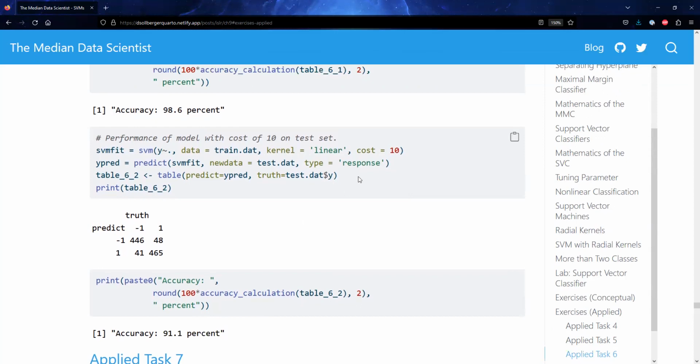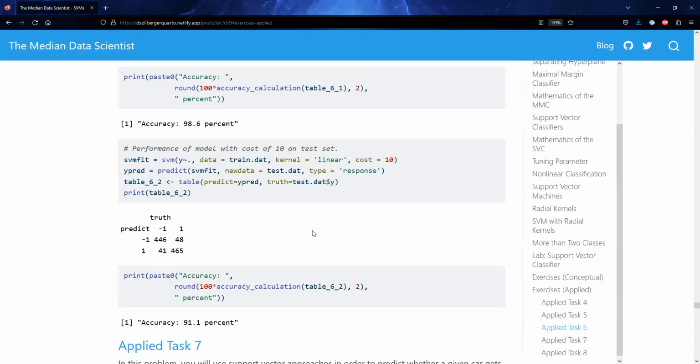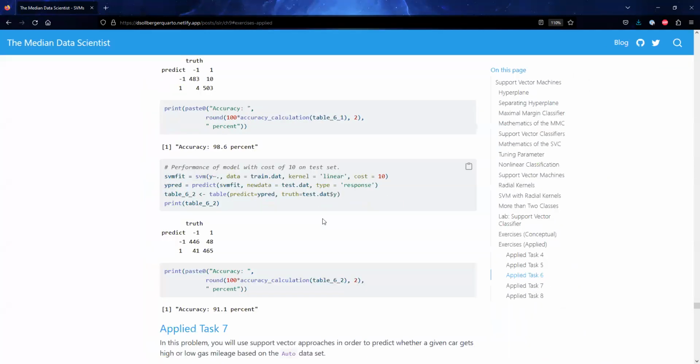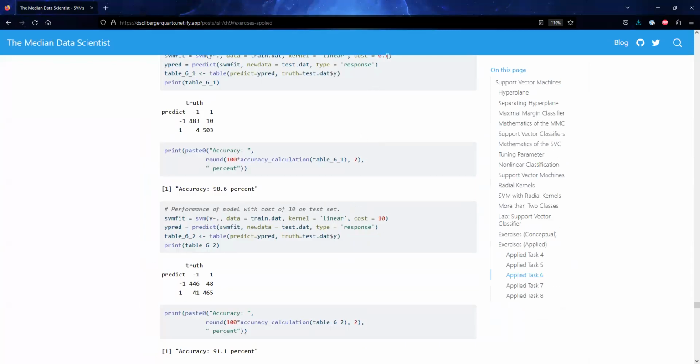So that is to say, remember that while we could increase cost to help out with flexibility, the accuracy might decrease. Let me say that again. See if I could zoom out. In the top example, we have a cost of 0.1. In the bottom example, we have a cost of 10. And those are the accuracy results.